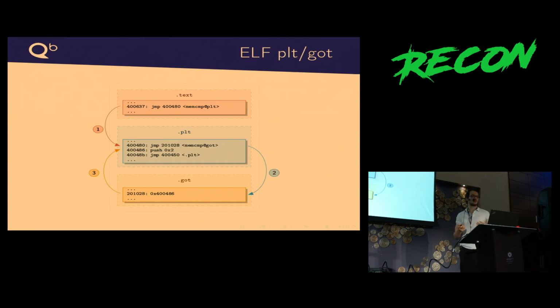So to do hooking, we can just replace this value with the hooking address. The problem is how we can resolve this address. Because if you are able to resolve this address, you can just patch it in the program and modify this value.